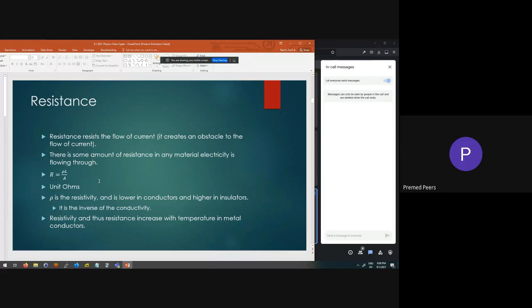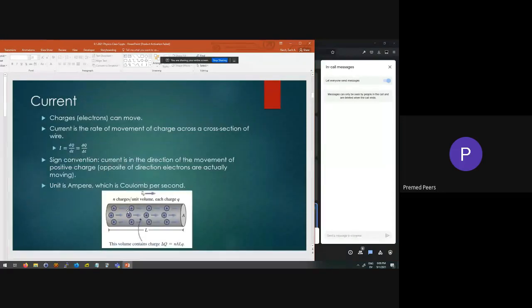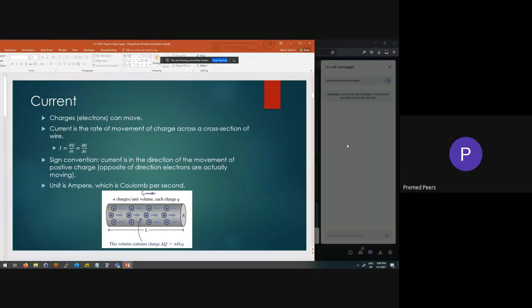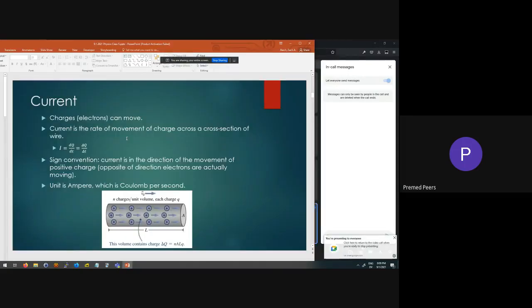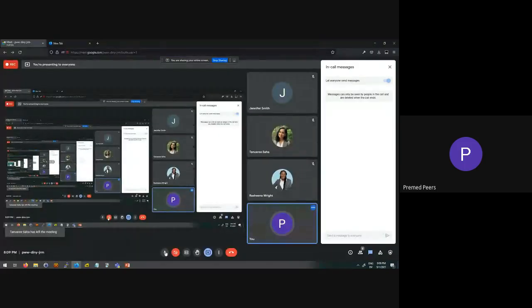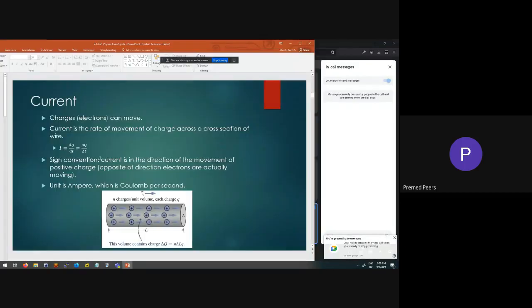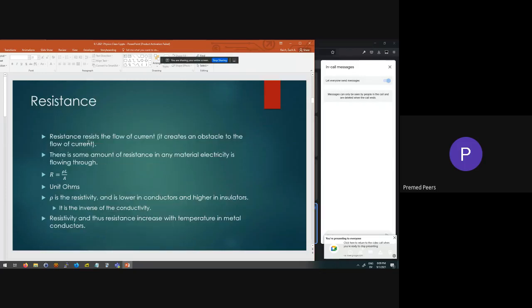Now looking at resistance. What is resistance? In any material where we have charges moving, we have current, and we also have resistance to that flow.